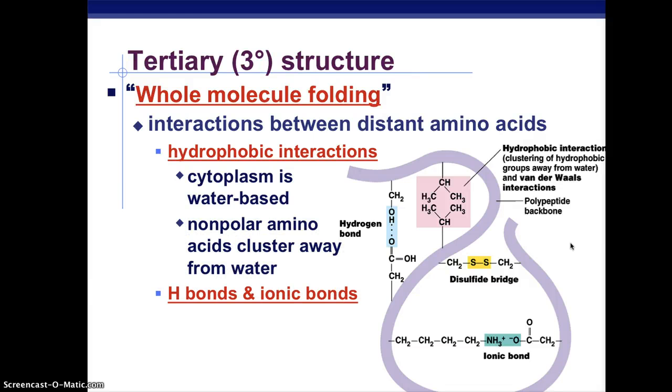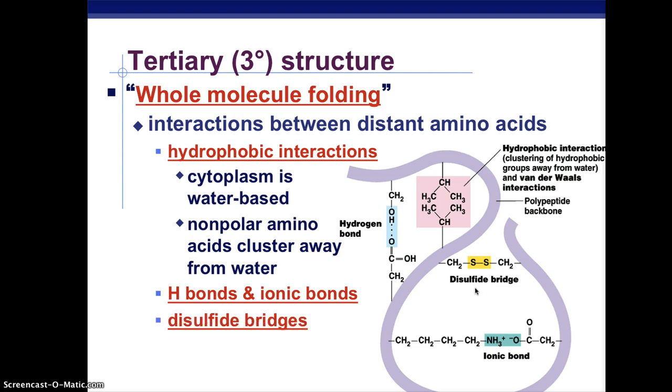And we also get hydrogen bonding and ionic bonding occurring. So between our hydrophilic groups, we can get some hydrogen bonding going on. We can get what are called ionic bonds, between our acid and base R groups forming these ionic bonds.